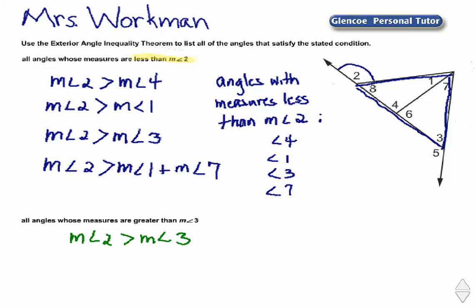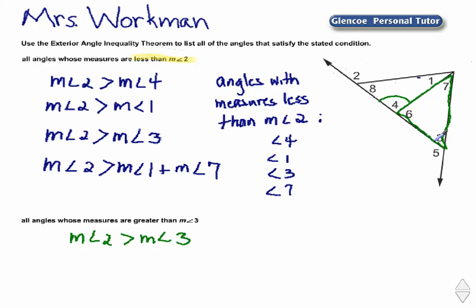Now let me erase this again. And let me trace this triangle, because you'll notice angle 3 is also part of this smaller triangle. And in this case, angle 4 is an exterior angle with respect to angle 3.